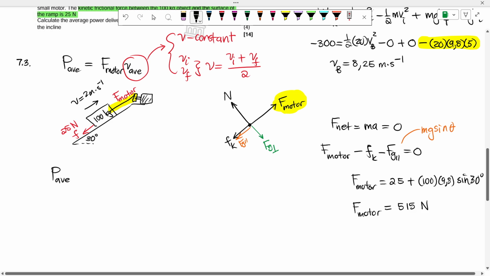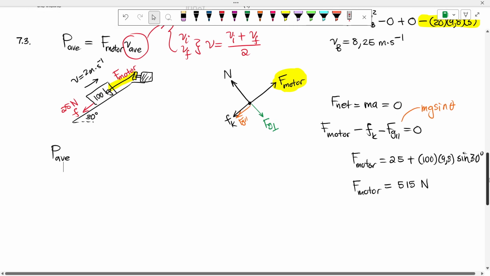The question, by the way, is calculate the average power delivered by the small motor up the incline. So average power is equal to F motor times V average. Our F motor is 515. Our V average, they gave us a constant velocity, so we're just going to put 2.